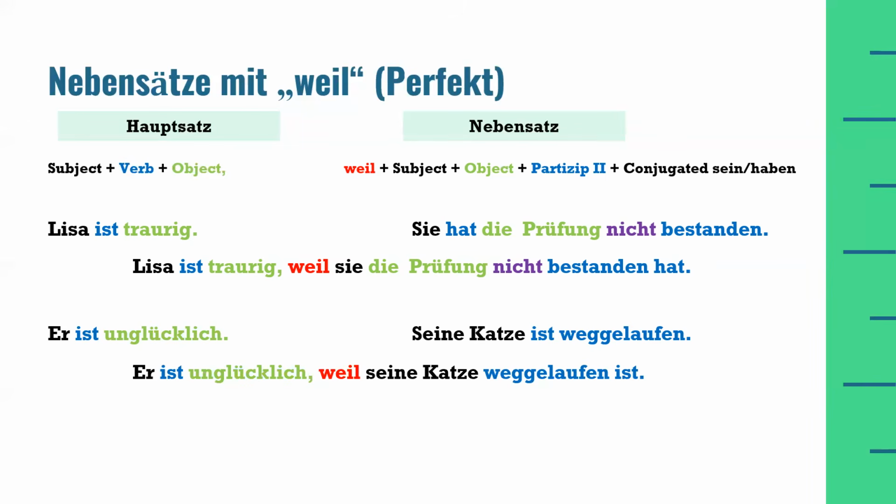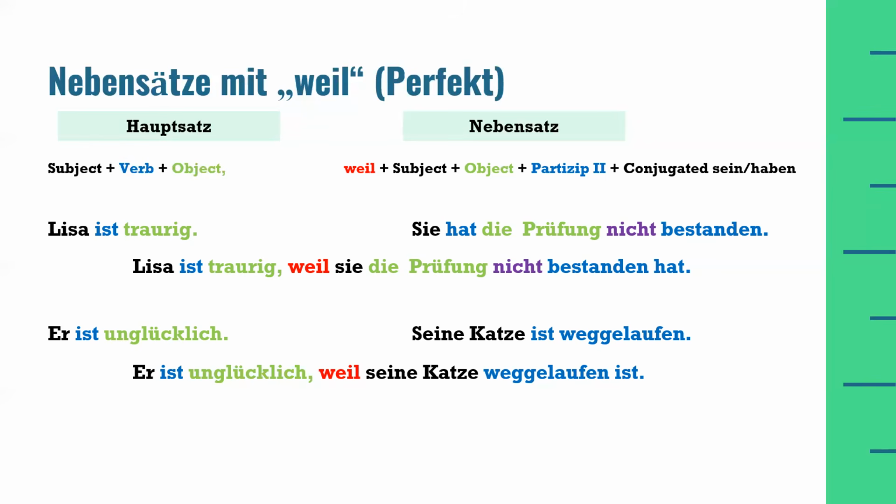Hauptsatz is simple. We didn't make any change because it is the standard sentence structure that we use in the Hauptsatz. In the Nebensatz, we always start with weil, then comes the subject, which is seine Katze, and there is no object in this sentence.